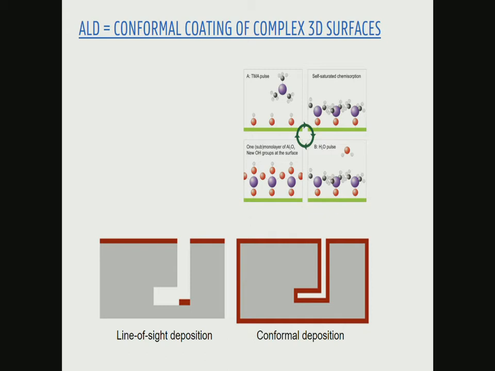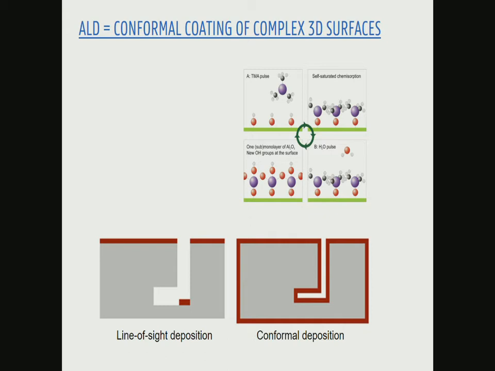That results in typical line of sight deposition, which means that your aluminum film will be deposited here on top of your substrate, maybe here, but you will never be able, using thermal evaporation, to deposit something around the corner, which is conformal deposition. In the case of atomic layer deposition, you are able to conformally coat this full object, even the part that's behind the corner, that's not directly visible from the place where the precursor is coming from.